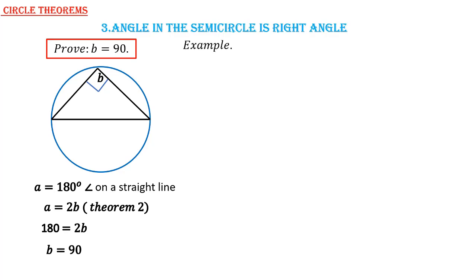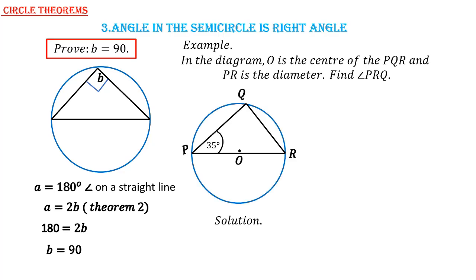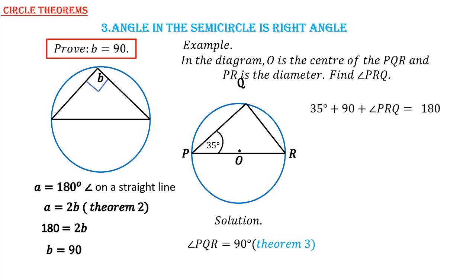Let's solve some example here. QR is 90 degrees because angle in the semicircle is a right angle. That's from this theorem. That's what it says. So in order for us to find the PRQ, 35 plus 90 plus the PRQ equals 180 degrees, right?